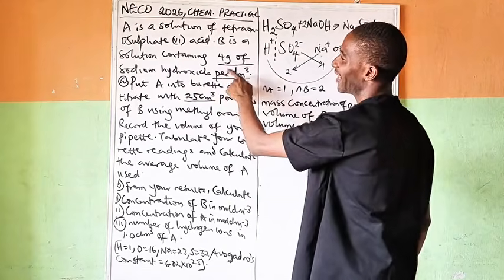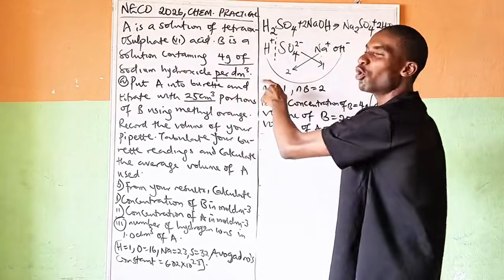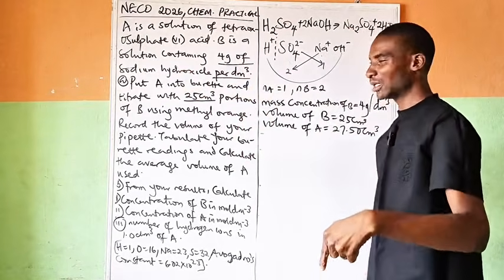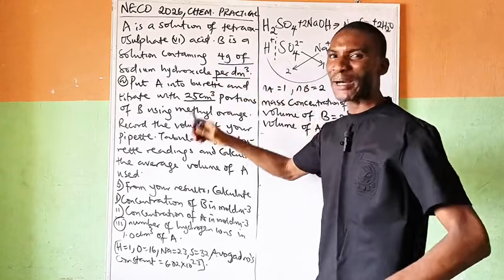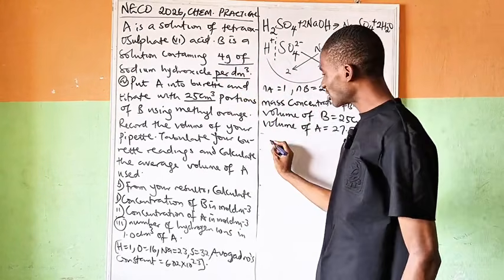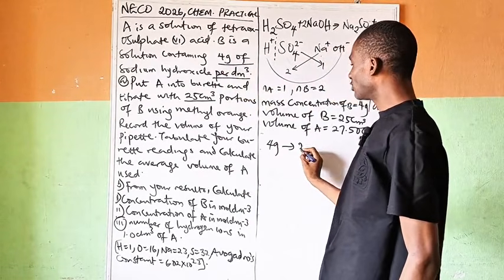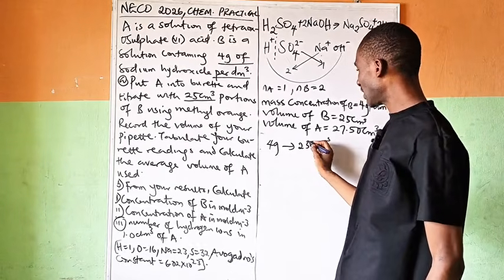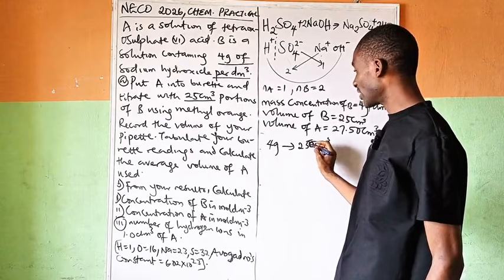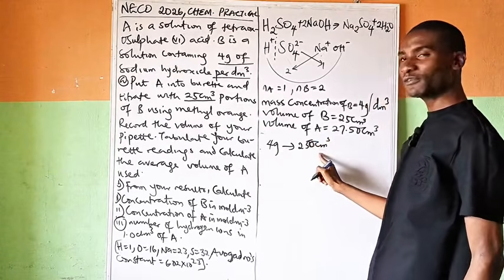If a question says 4 grams in 200 centimeter cube, or per 250 centimeter cube, what you just say is 4 grams in 250 centimeter cube. It could be 500 centimeter cube, it could be 200, whatever, it could be 100. You just say 4 grams in 250 centimeter cube.